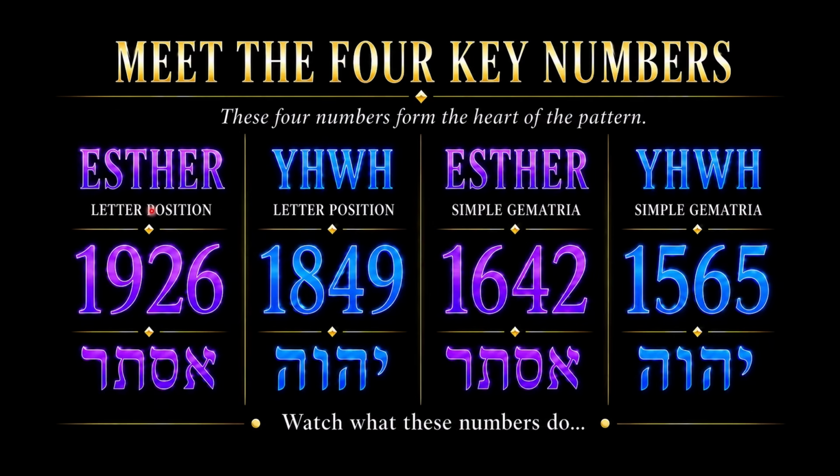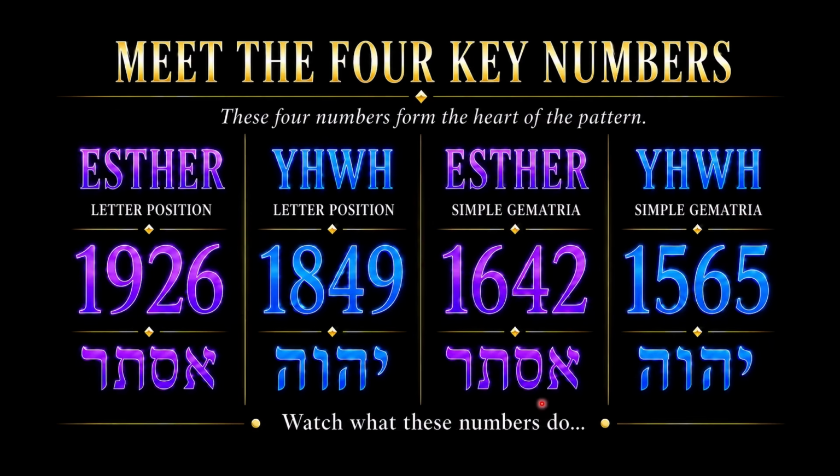The first appearance of the name Esther occurs at the 1926th letter in the book of Esther. The first appearance of the Tetragrammaton occurs at the 1849th letter in Genesis.